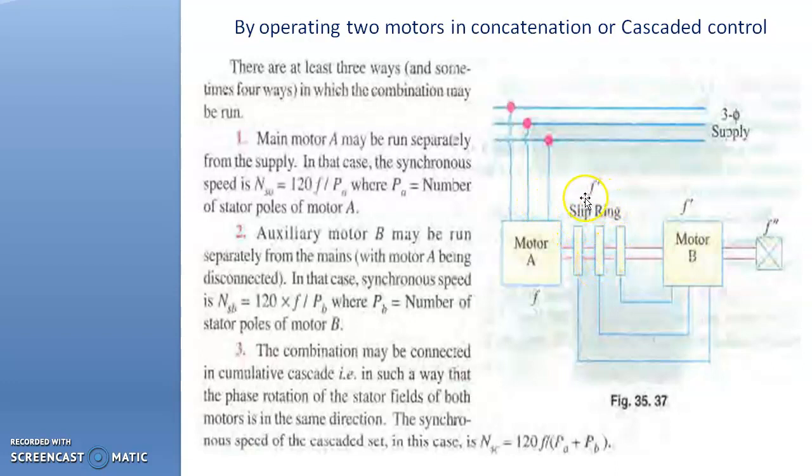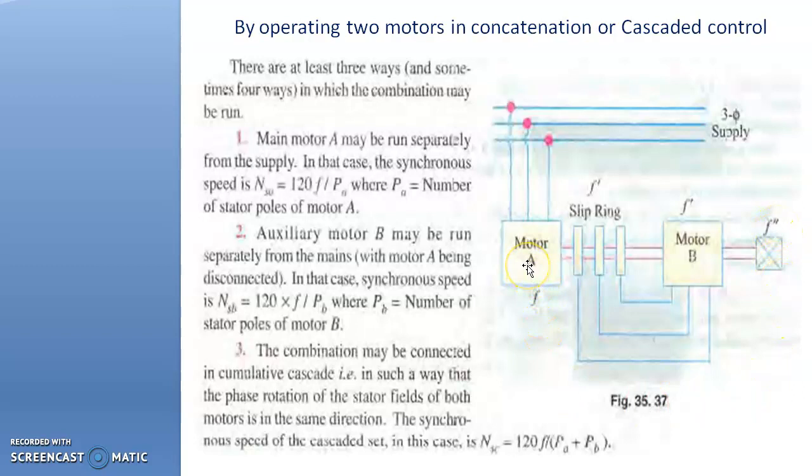So this rotor frequency supply is available in the rotor circuit, and through the slip rings that rotor induced EMF is collected and is going to supply the stator circuit of motor B. So the stator frequency of this particular motor is F dash. The frequency at which the stator circuit of motor B is supplied is F dash, but for motor A it is F. And this is the load frequency, or you can say the rotor induced frequency of motor B. So that is going to be F double dash.